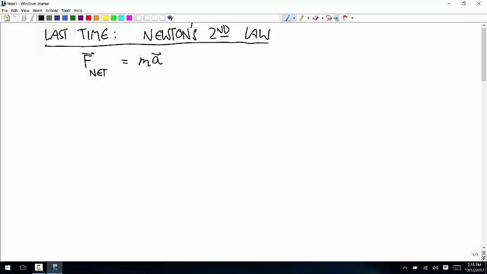And I want to be really clear about what each of these are. So F net is the sum of all the forces on the chosen object.